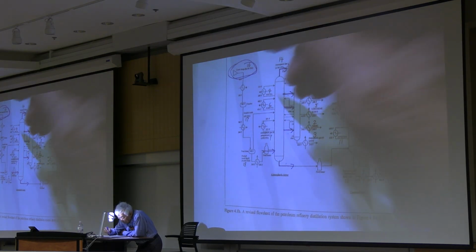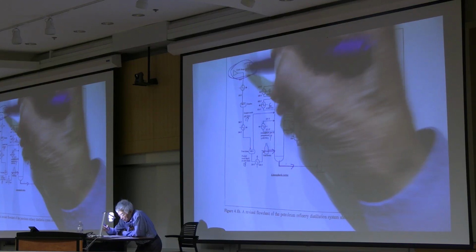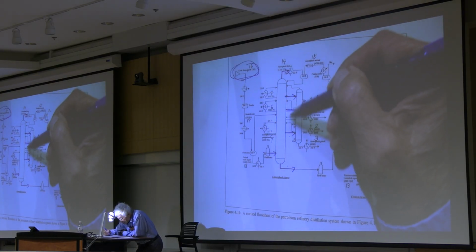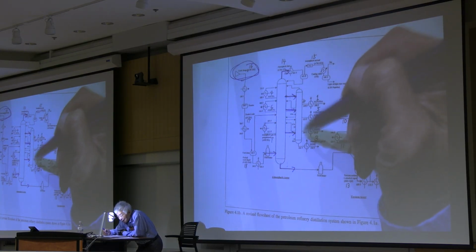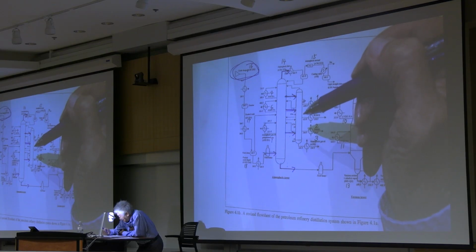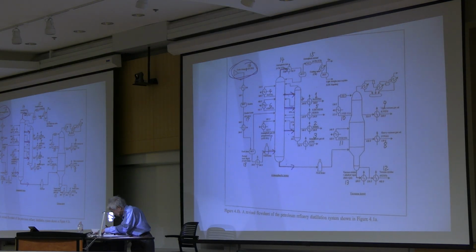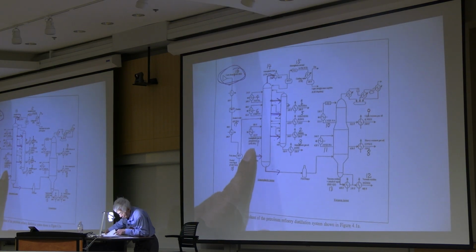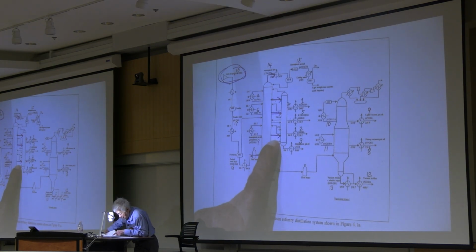So, you have one cold stream, multiple hot stream to cool down. And you need to use stream splitting. That's what happens when you're in a real situation in petroleum refinery.